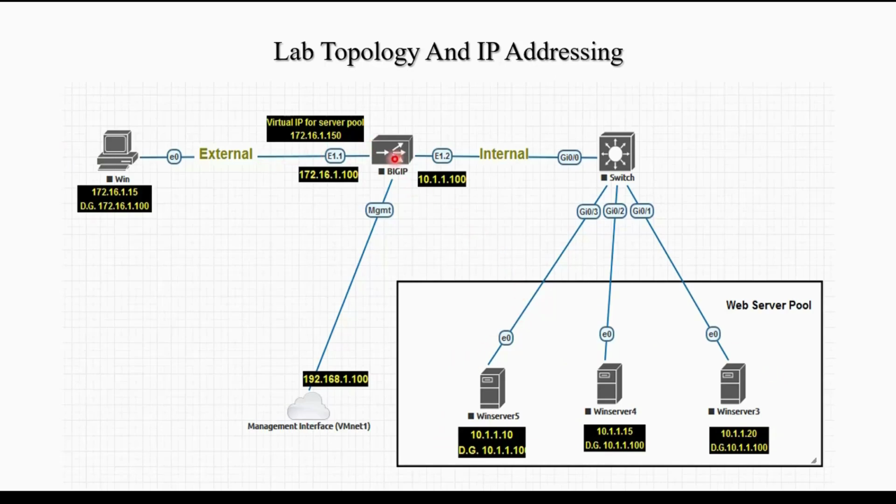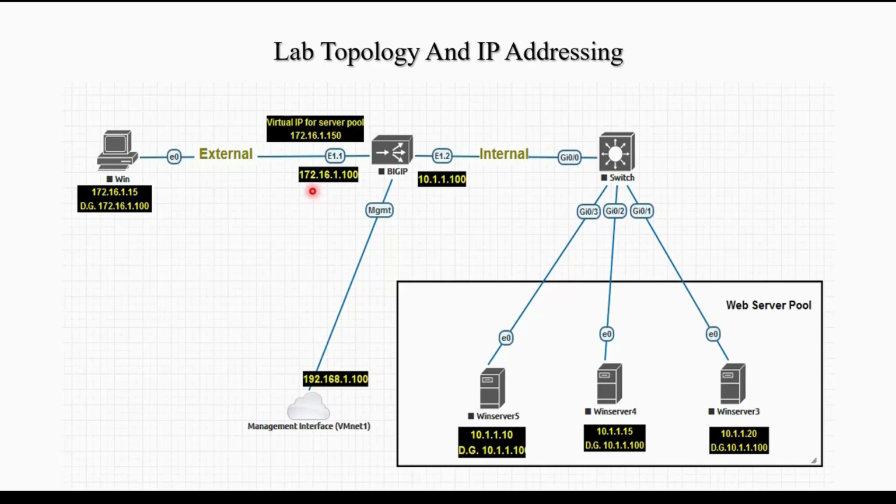The IP scheme is also given here. 172.16.1.150 is the virtual IP for this server pool, and the host machine will access this server pool through this IP address. This is the external interface, this is the internal interface, and this is the management interface.